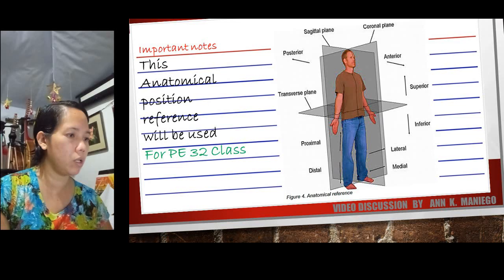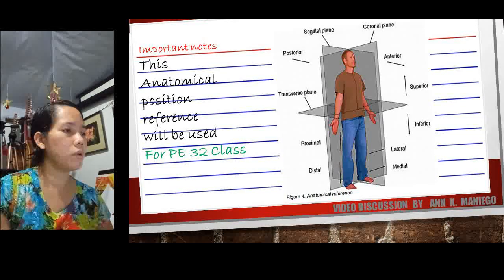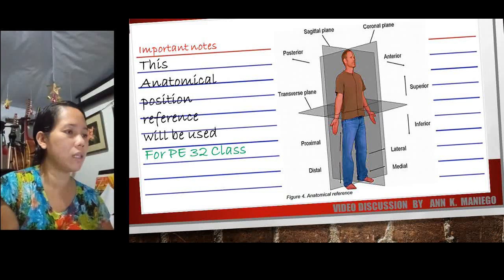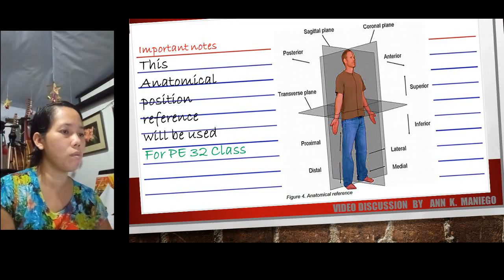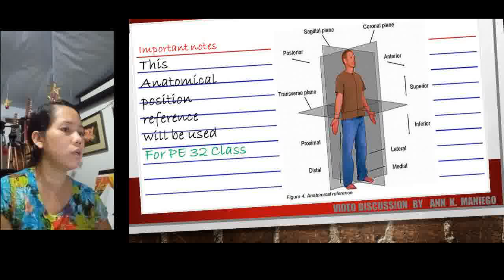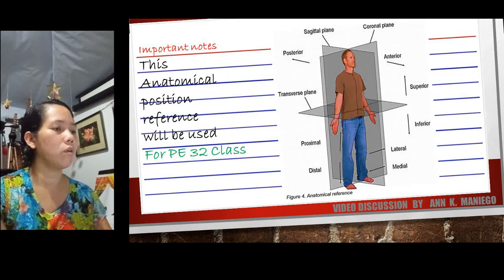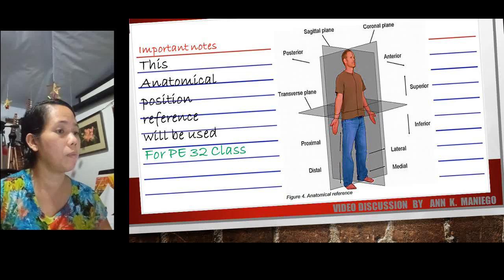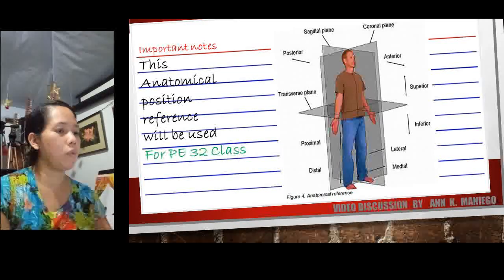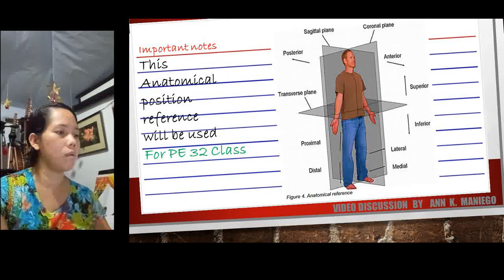So when you see or read anterior, it means nga naa siya sa atubang, posterior naa sa likod, tapos transverse is naa sa likod ana nga area, ana nga plane, di ba? And then proximal, distal, lateral, medial, inferior, superior, coronal plane, sagittal plane.